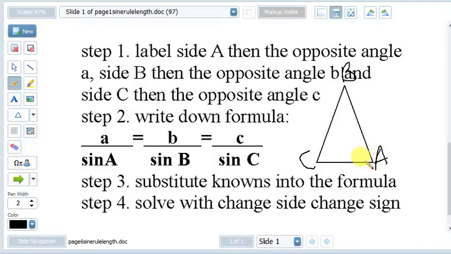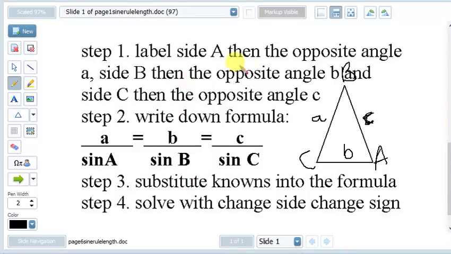So if this vertex here is capital A, then we go to the opposite length, and that is little a. Similarly, this vertex here is B, so when we move across, this side here is little b. This vertex is C, so we move across, and this side here is little c.